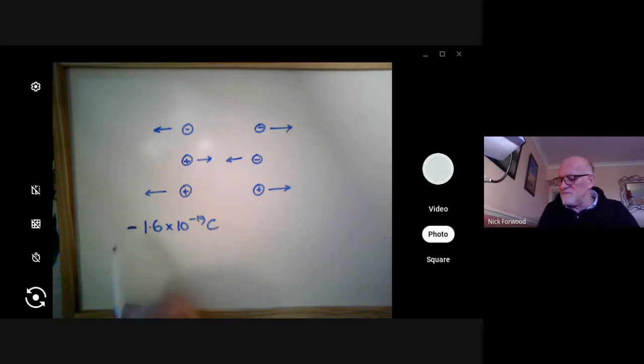So a negative charge of 1.6 times 10 to the negative 19 coulombs on an electron, or a positive charge. You don't see the positive sign, but you could put it there. It doesn't make any difference. If it's not there, it's assumed to be positive, and that would be the charge on a proton.